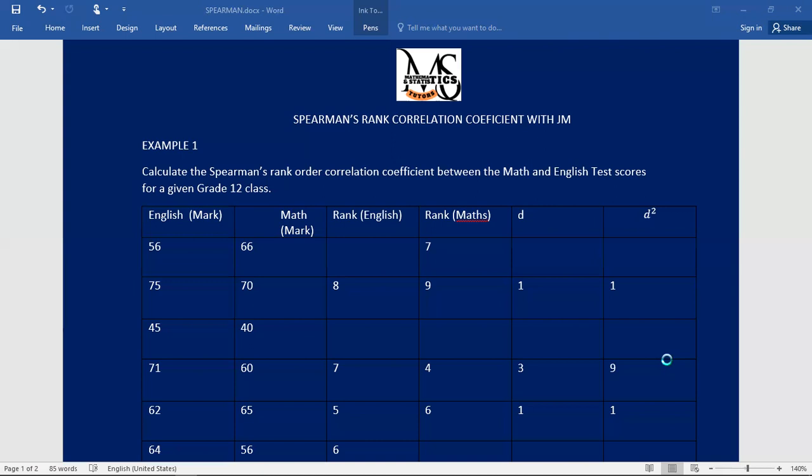Now, I think you know about the Pearson's correlation coefficient. That is one of them. We also have Spearman's rank correlation coefficient. Now, this correlation coefficient is not as accurate as the other one, Pearson's correlation coefficient.